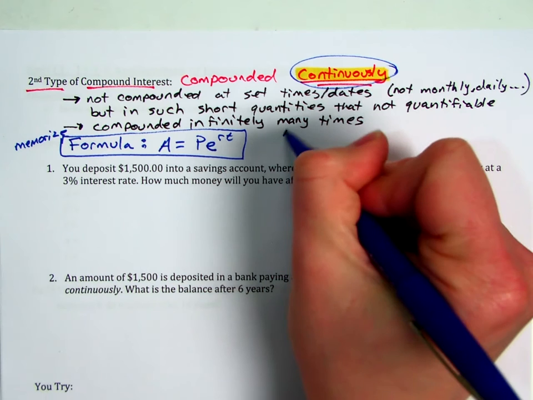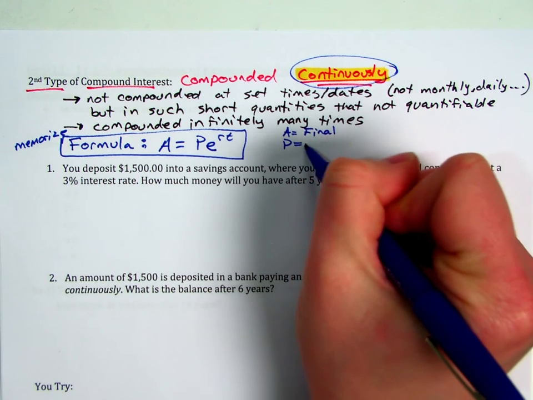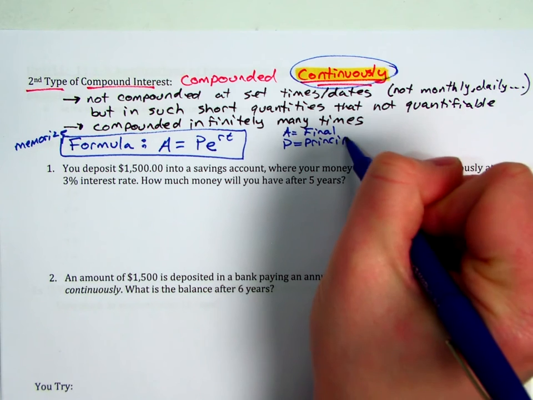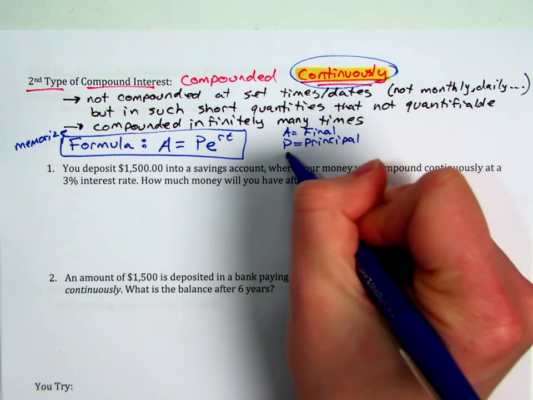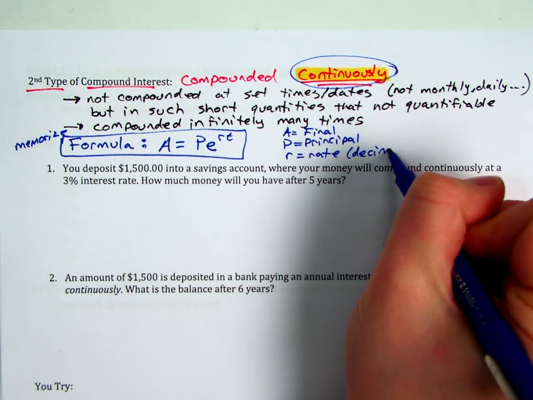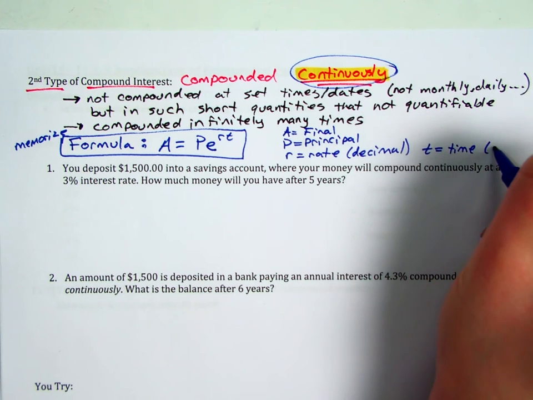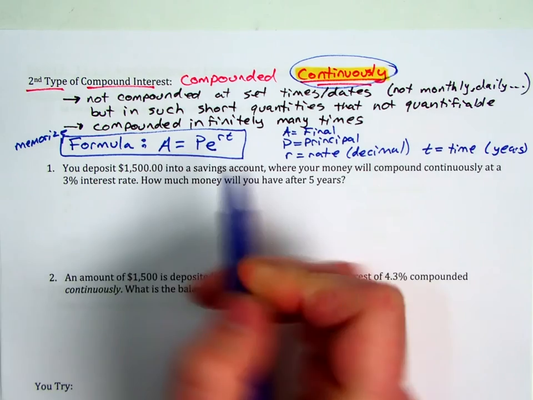The variables still mean the same thing. A still means final, P still means principal or initial, R still stands for rate, making sure you make it a decimal, and T still stands for time in years. The only new thing is this e.